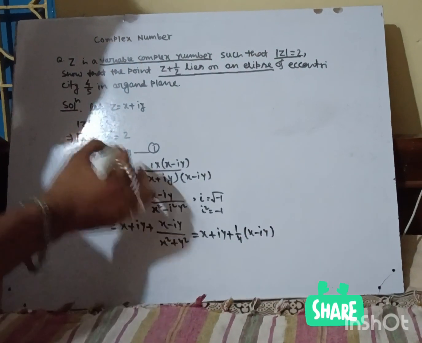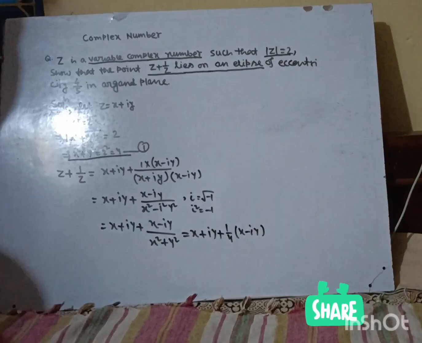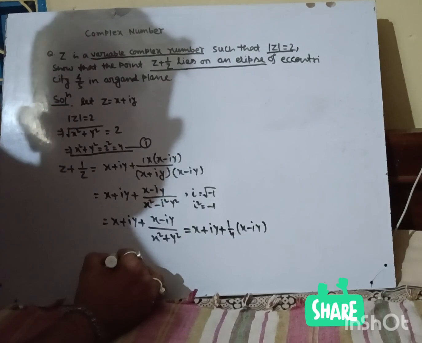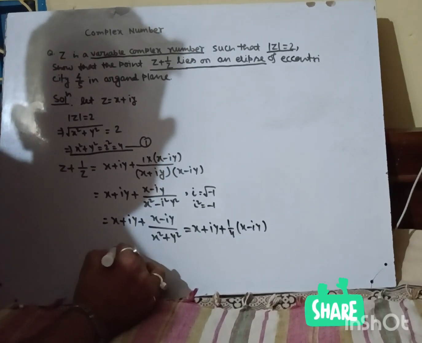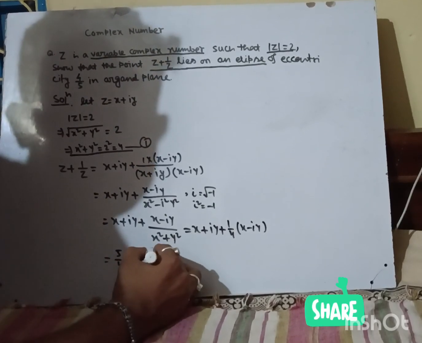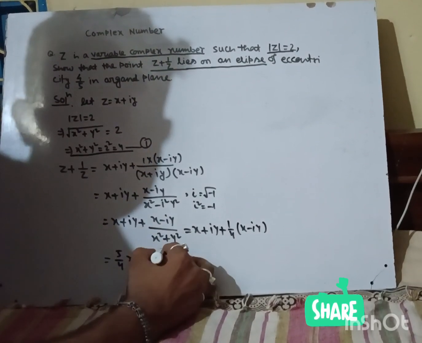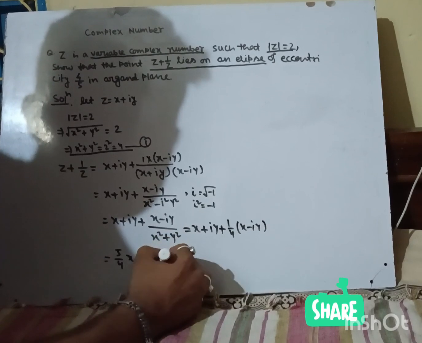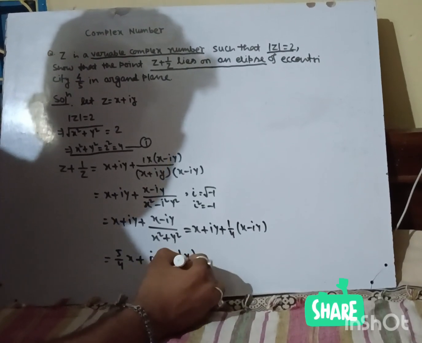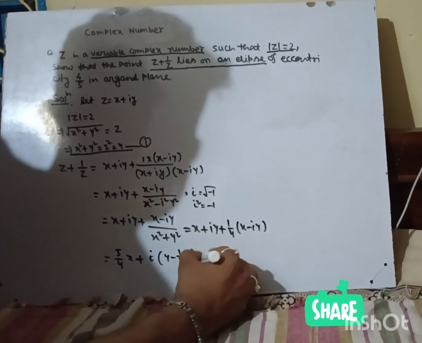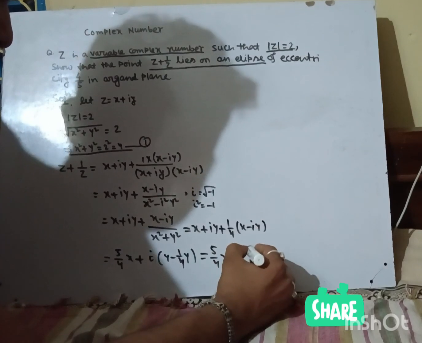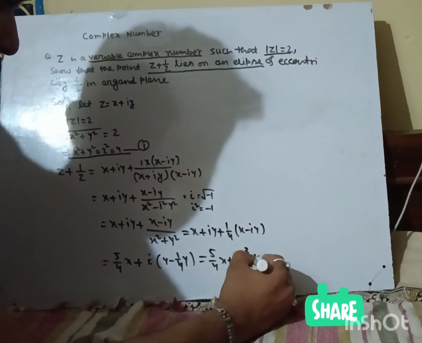Here x square plus y square is equal to 4, as given in equation 1. So the result will be x plus 1/4 x, that means 5/4 of x, plus i common, and y minus 1/4 of y, that means the result will be 5/4 x plus i times 3/4 y.